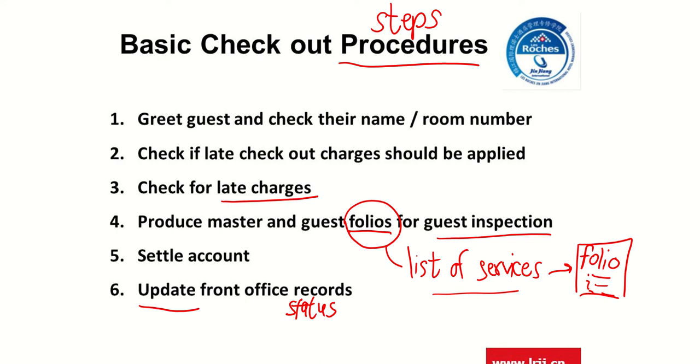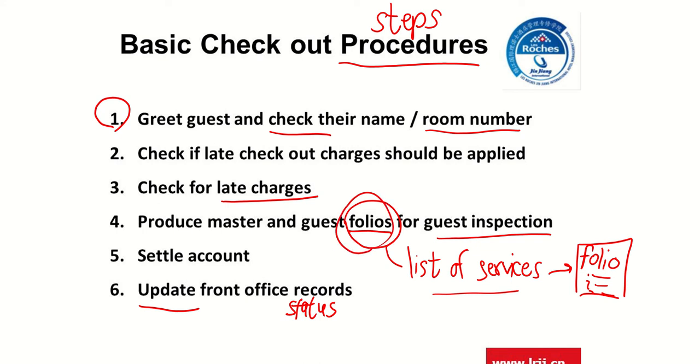Okay, so right here again, every time that you greet guests, you need to know their name and check the room number. And then you check for some other charges, any check out late charges. Create the folio.